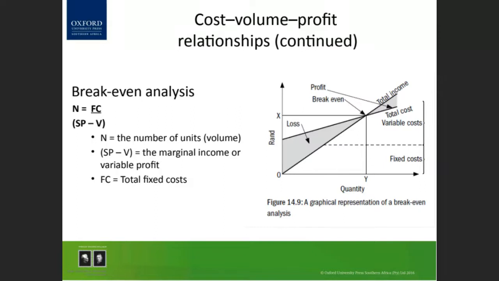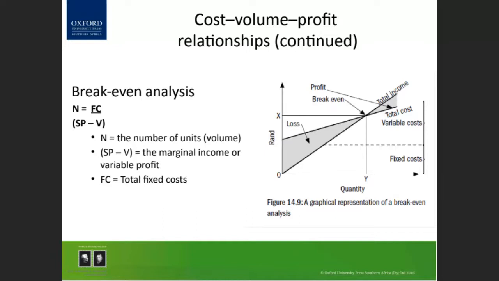I will also provide an example where we will actually calculate the break-even point.